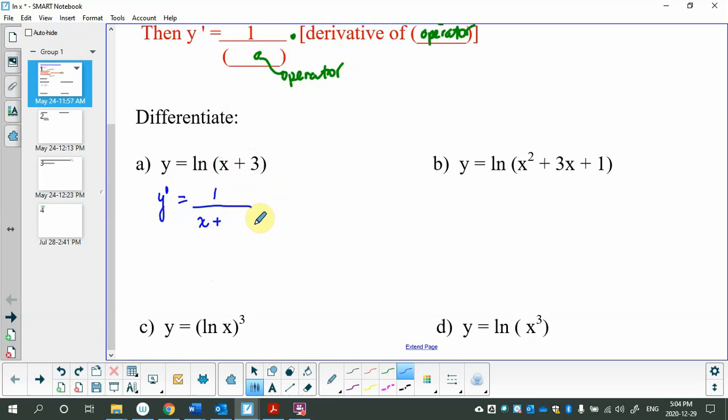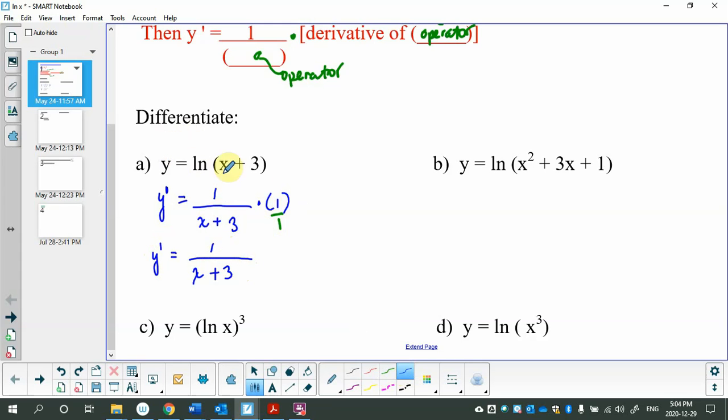The derivative of that thing is 1, and 1 is 1 over 1. So our end result for y prime is 1 times 1 over x plus 3 times 1, which is 1 over x plus 3. The end.